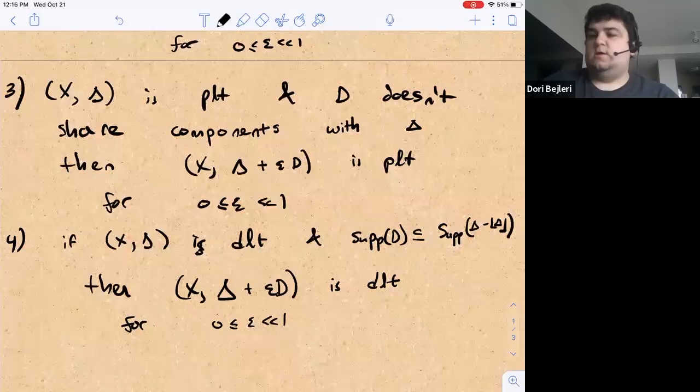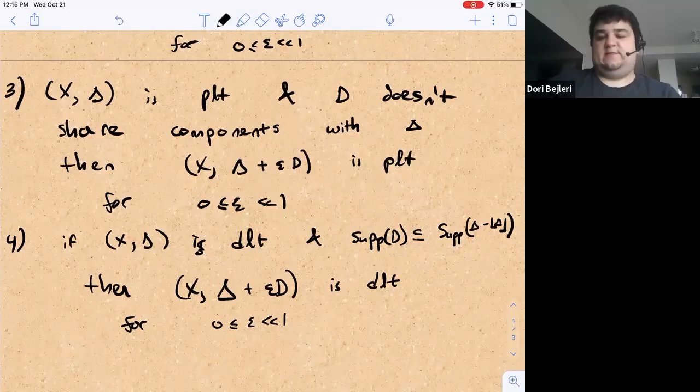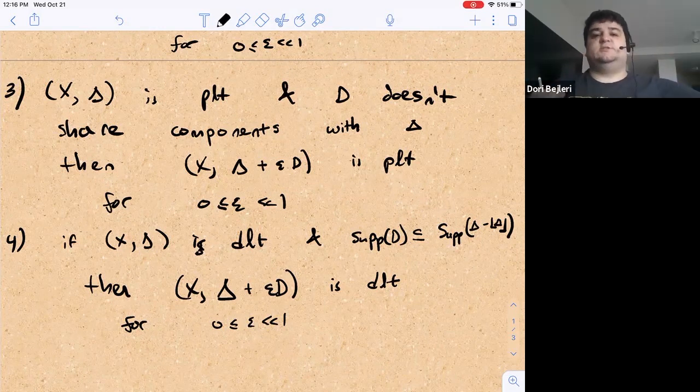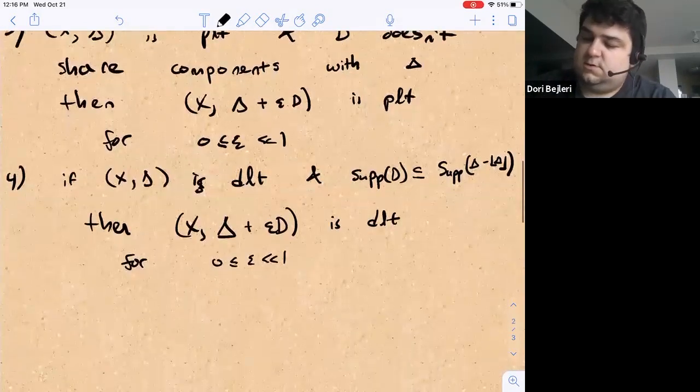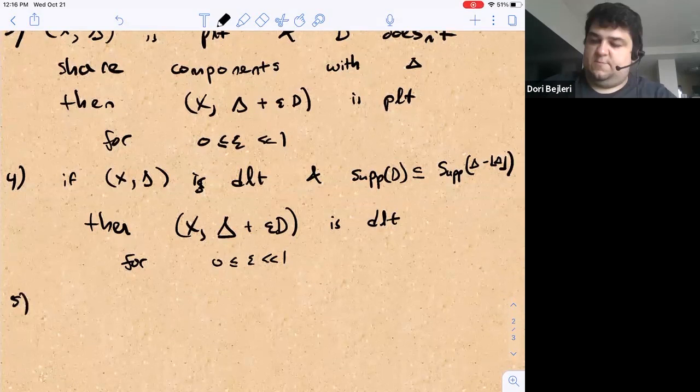And then finally, the last one is saying that canonical and log canonical are like the closures of the terminal ones. So let me write it for canonical first.